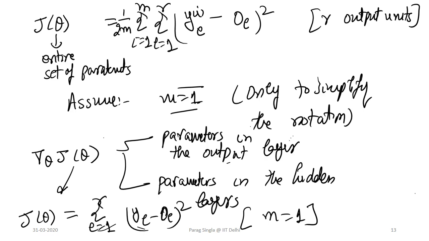And before we break, finally, the J(theta) that we are talking about here will be a simple form, the sum over L equal to 1 to R of (y^L minus O^L) whole squared, because we are assuming m equal to 1. Okay, I think I should stop here, and we will continue in the next set of presentations.